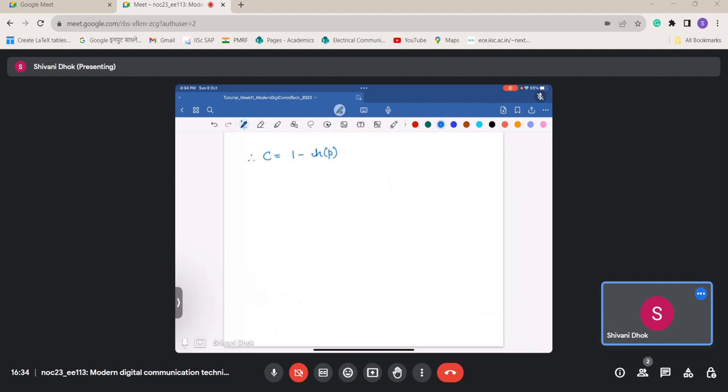And what does this H(p) look like? This is p times log of 1 by p plus (1 minus p) times log of 1 upon (1 minus p). So this comes out as 1 plus p times log p plus (1 minus p) times log of (1 minus p).